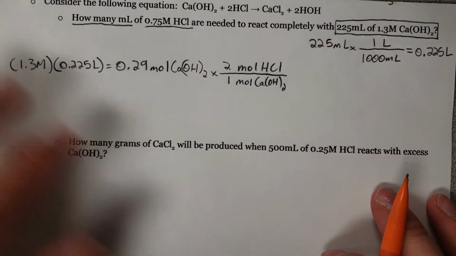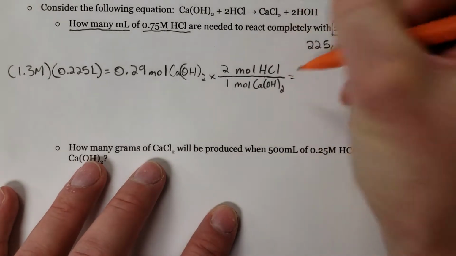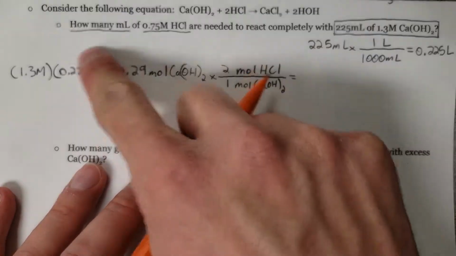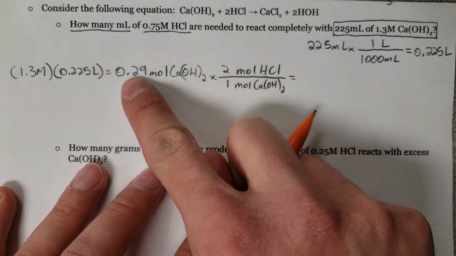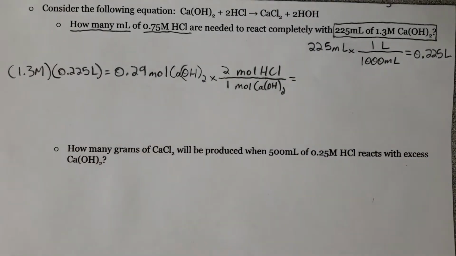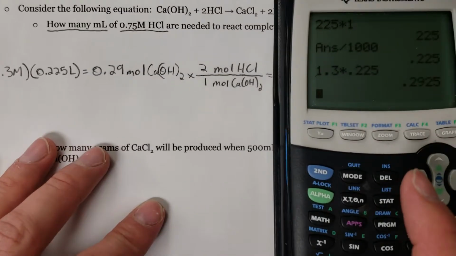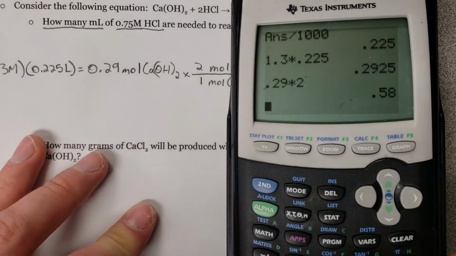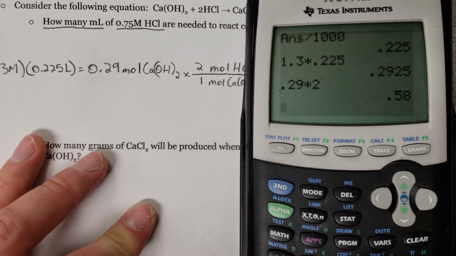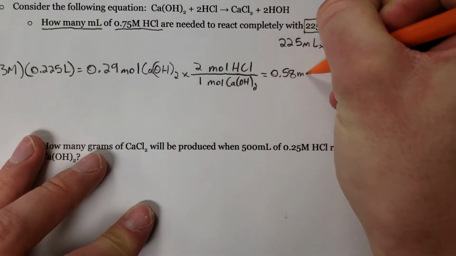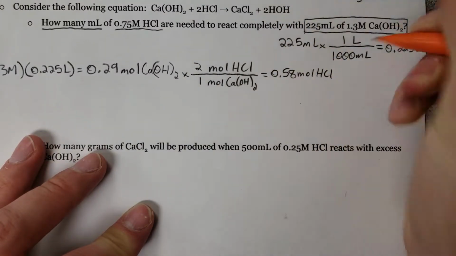So we take 0.29 moles times 2 divided by 1. We would technically divide by 1, but we don't have to, so we get 0.58 moles of HCl.